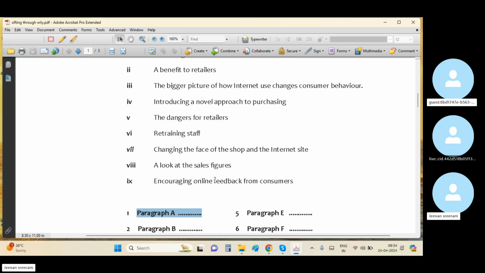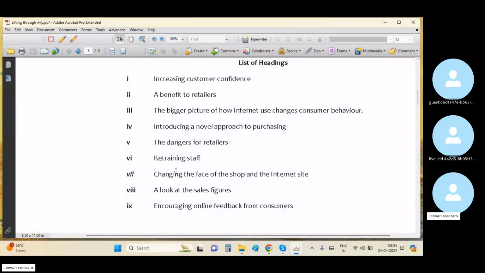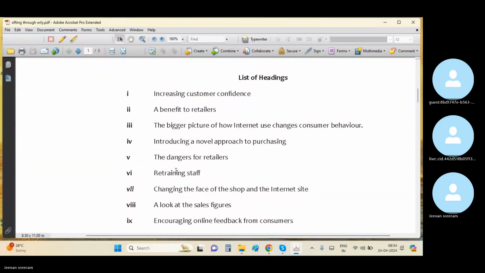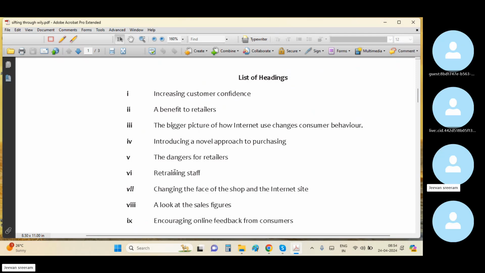Yes, sir. Right. So IELTS reading is all about detecting the paraphrases. Paraphrase means, Bhargav, what is meant by paraphrase? Paraphrase is representing the same meaning with a different vocabulary and in a different sentence structure. The same meaning can be represented in multiple ways in multiple sentence structures. Isn't that right?